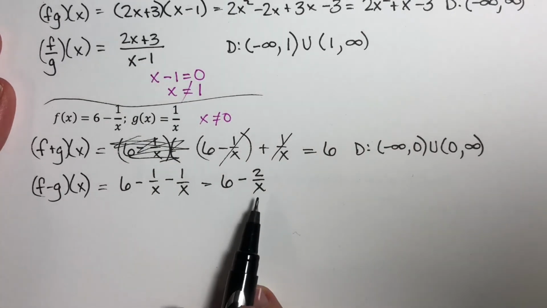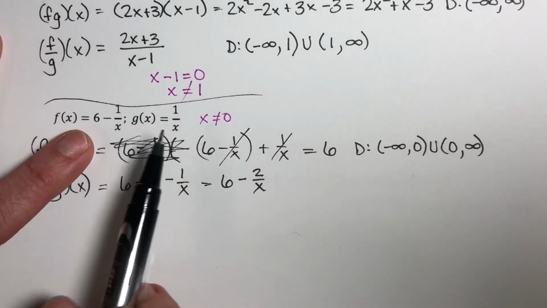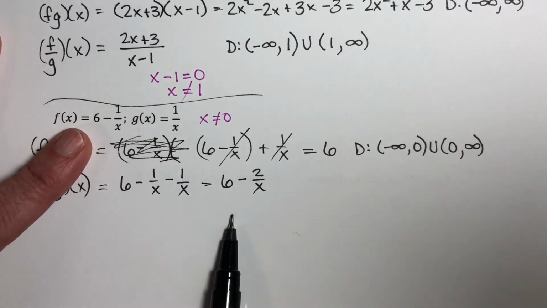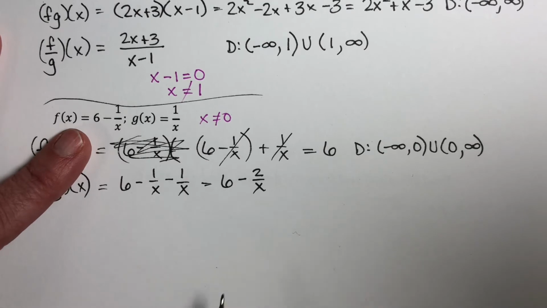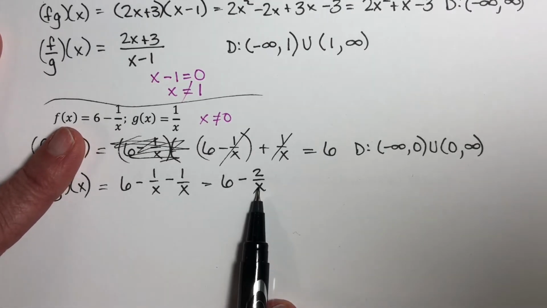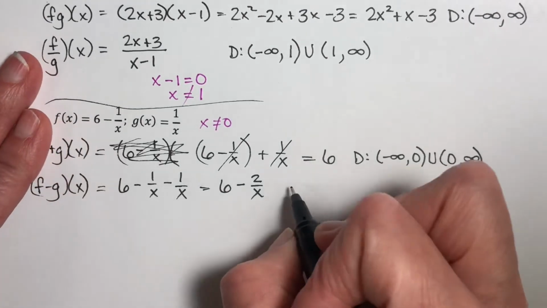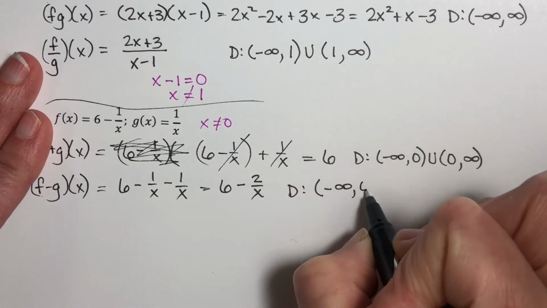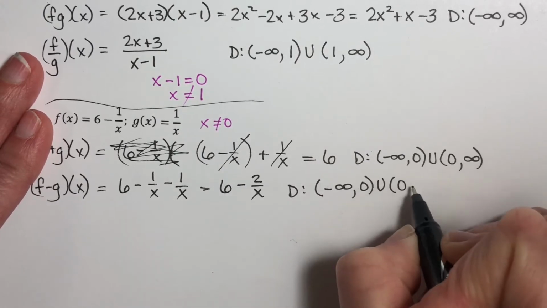And that's simplified. Now I already know that x cannot equal 0, and I need to check to see if this added any additional problems, and it didn't. There's just simply an x in the bottom. A 0 still makes that a problem. So the domain here is still negative infinity to 0, union 0 to infinity.